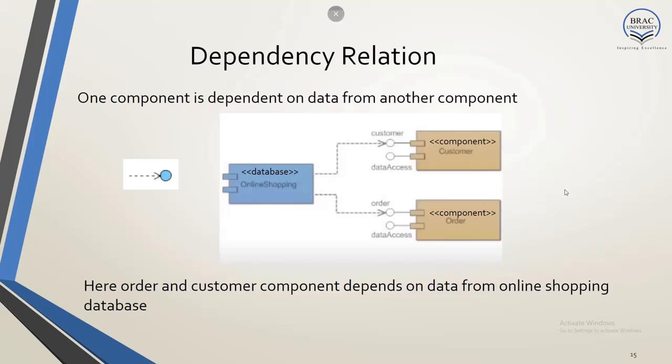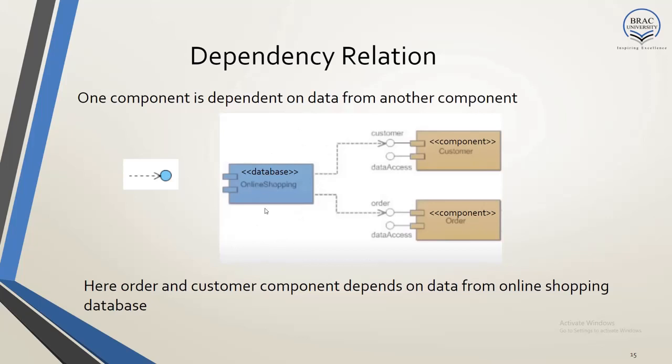For example, over here the customer component is dependent on data from the online shopping component. The online shopping component is a database, and from this it's passing data to the customer component and the order component, and these two components depend on the data from this component.